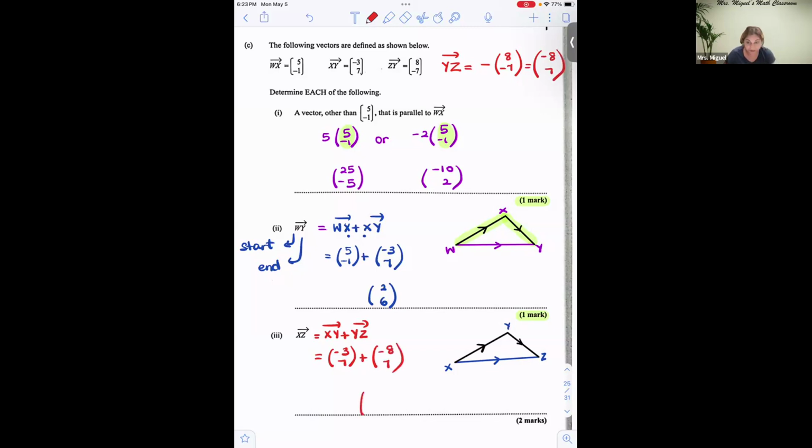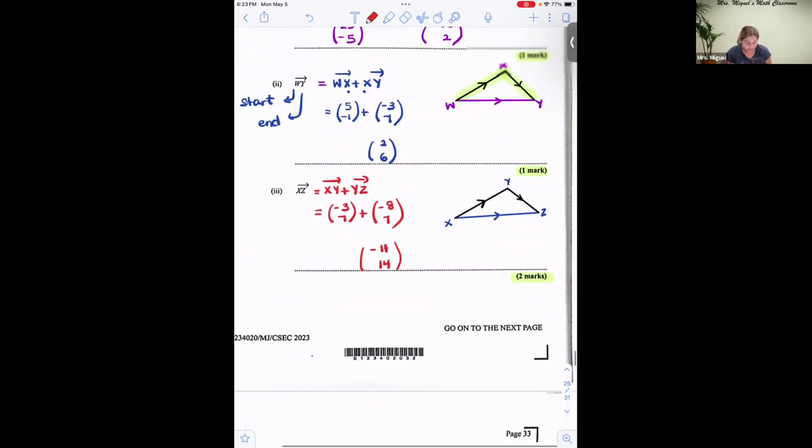So the final answer will be -11, 14. So you understand why CXC is given 2 marks for this, whereas the part before is 1 mark, right? So remember, if vectors are traveling in the opposite direction, the sign must change. So +8 becomes negative, and -7 becomes +7.